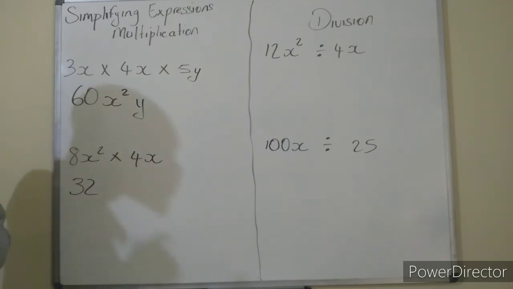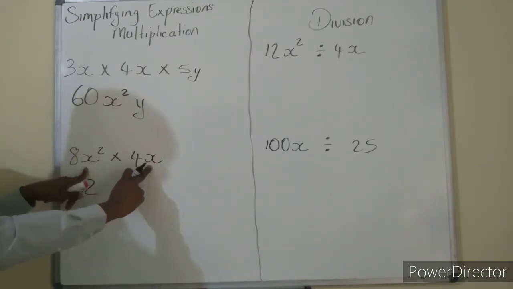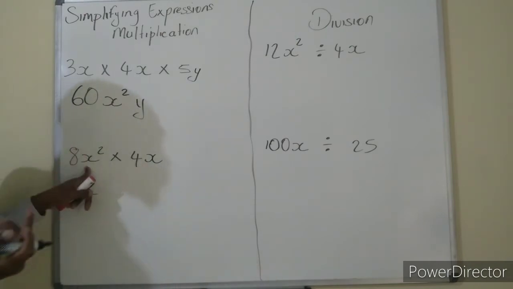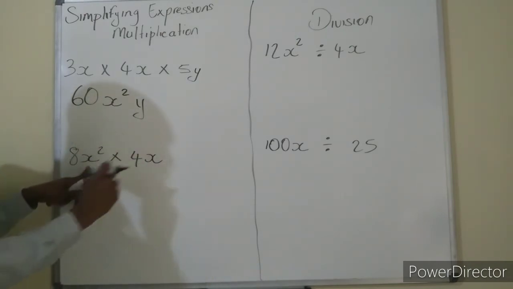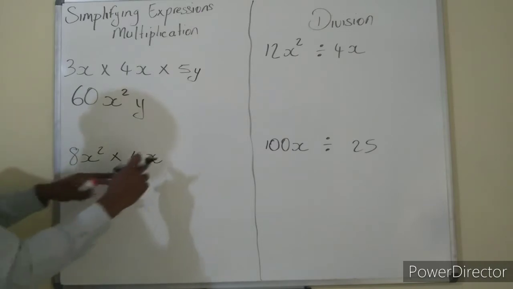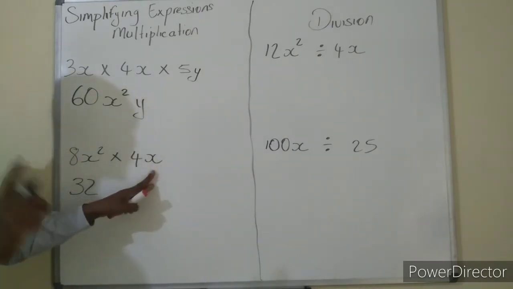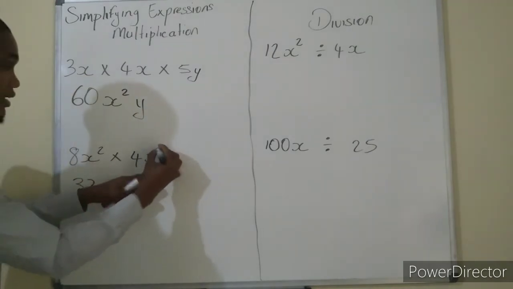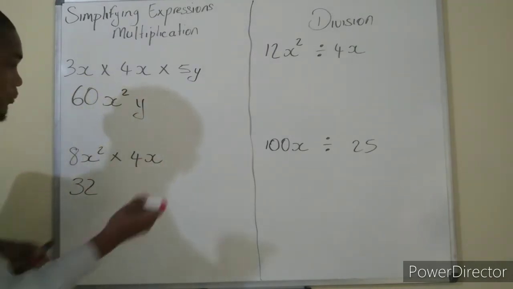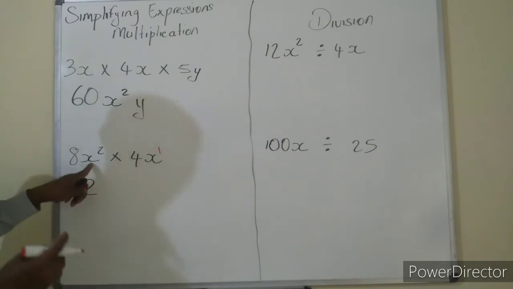Now when you are multiplying variables that are the same, whatever the powers are, you just add them together. If you don't see a number above a variable, it means that the power is 1. So this is x to the first power, and this is x squared.